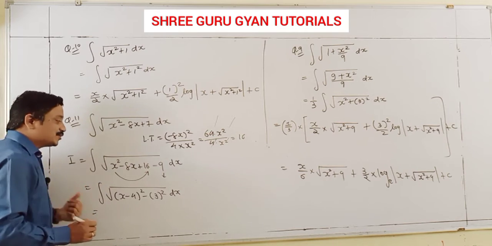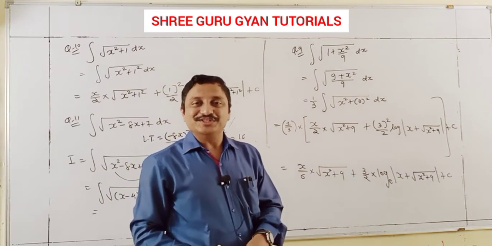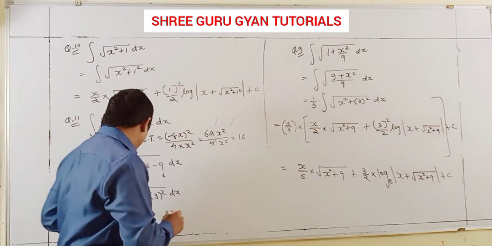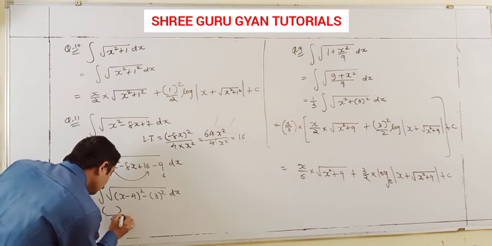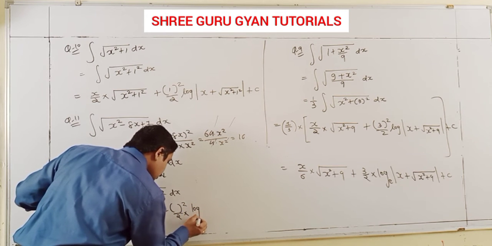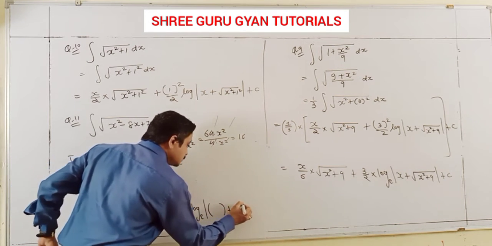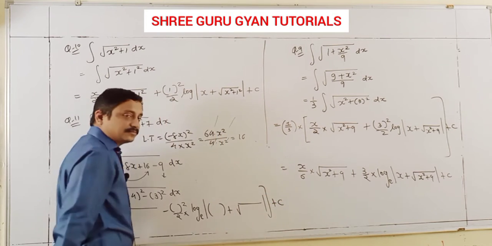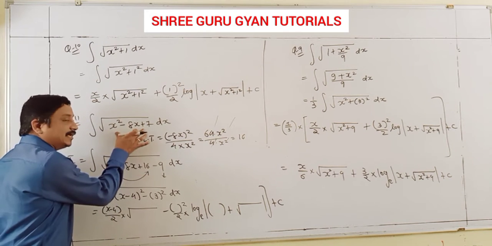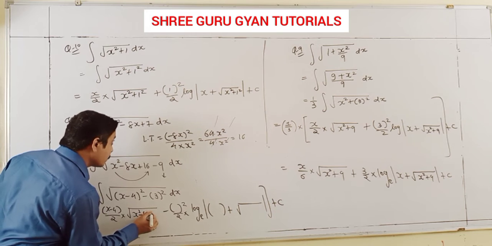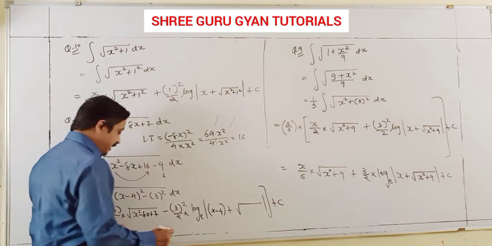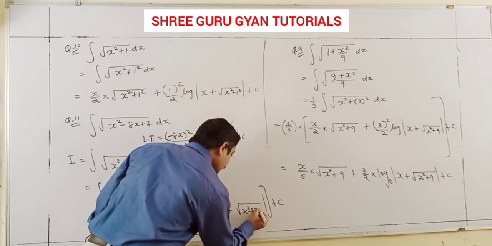Now students, think about it: two variable square minus constant square means the second formula. Yes. So my formula is x by 2 root minus a square by 2 log x plus under root plus c. And the value is here x minus 4. In under root, write the quotient completely. A is 3, here x minus 4, and again the quotient x square minus 8x plus 7.